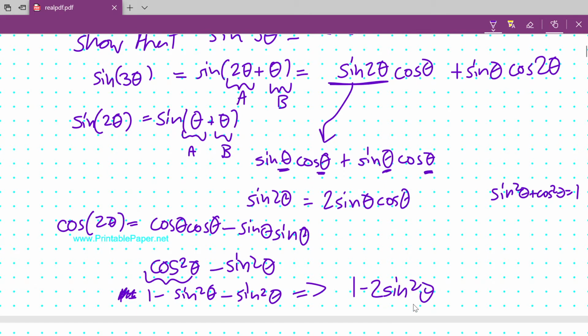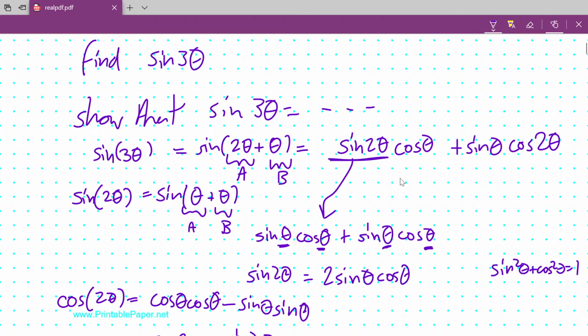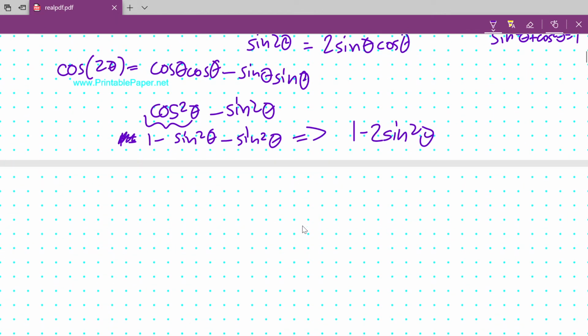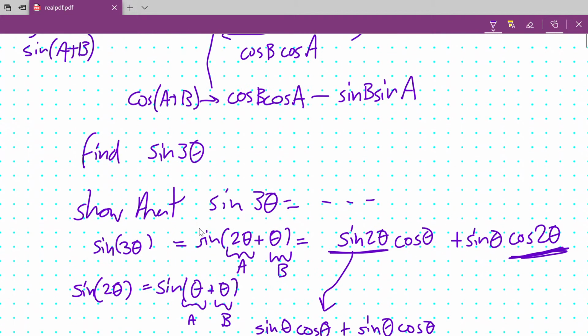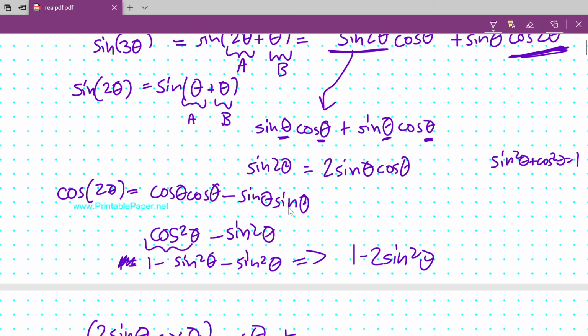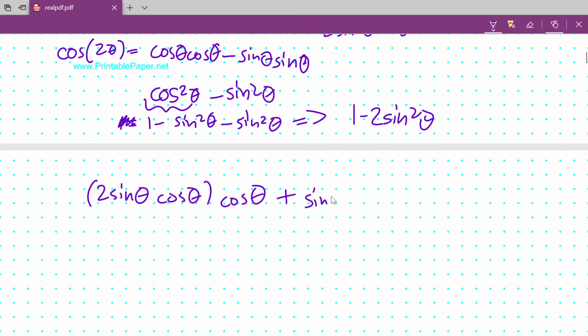And remember, we've got to keep track of our original goal. Our original goal is to find sine 3 theta. And now we found the values of sine 2 theta and cos 2 theta that we can use to get our final sum. So if we replace sine 2 theta with 2 sine theta cos theta, and then that is of course multiplied by cosine theta, plus sine theta times cos 2 theta, so that would be sine theta times 1 minus 2 sine squared theta.